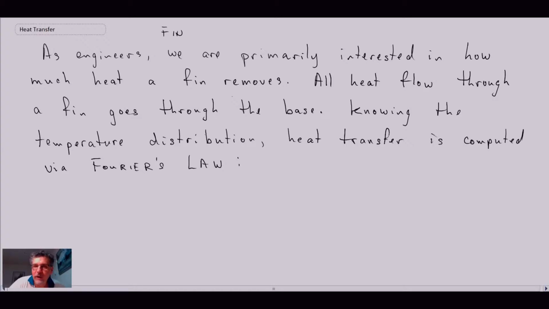It's either a cooling application or you're heating a space using these fins. All of the heat that goes through the fin flows through the base, and so by applying Fourier's law at the base, we can determine the total amount of heat leaving the fin. So with that, we can write the following.